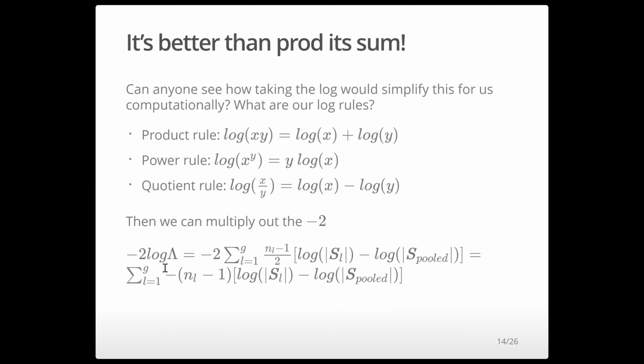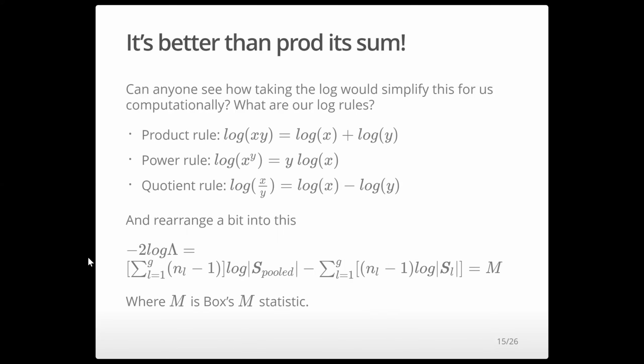We can also multiply out this -2, and that essentially gets rid of this denominator in the n sub L minus 1, and it leaves us with this. So we now have a sum of a fairly straightforward form. And we can rearrange it just to look a little bit more straightforward.